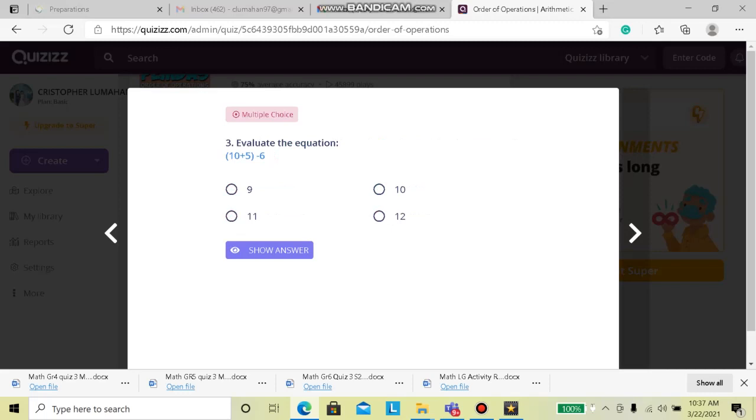Next question. Evaluate the expression 10 plus 5 minus 6. Pause the video. The answer is 9. Next, evaluate the equation 4 multiplied by 3 minus 7. Pause the video and answer the equation. The answer is 5.